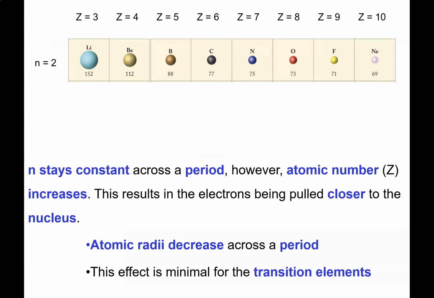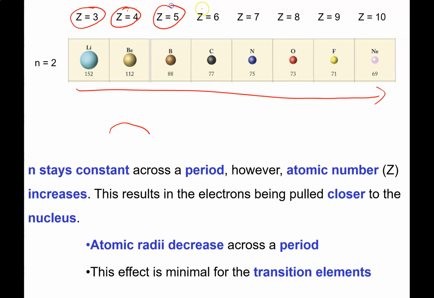As we move across a row, we're adding electrons to the same layer. So the electrons are going in at approximately the same distance from the nucleus. So we might expect that the atoms as we move across a row would be exactly the same size. But as we add every electron, we're also doing something else. We're adding another proton.